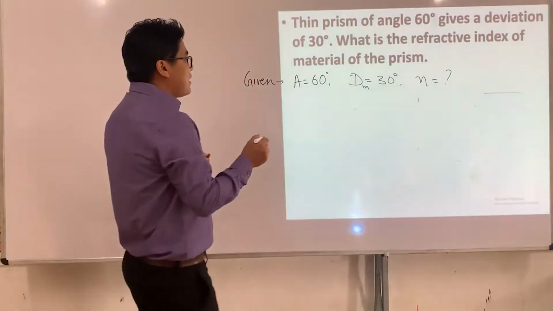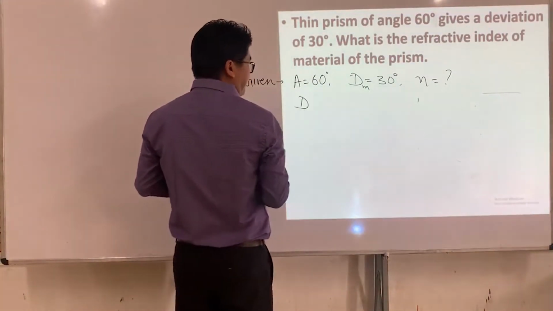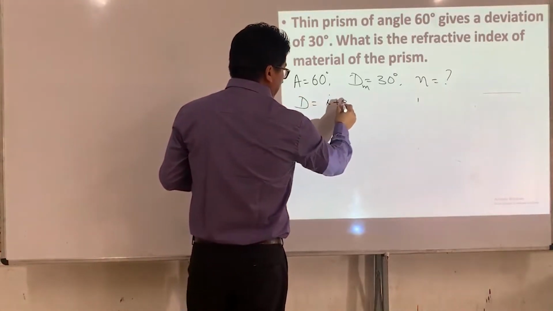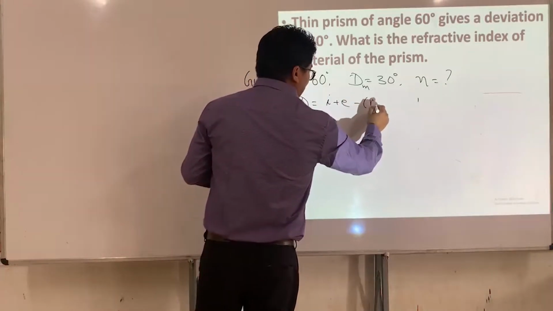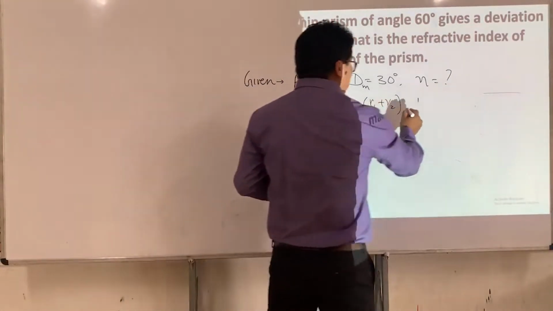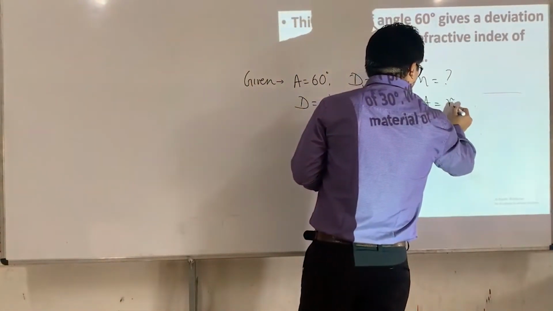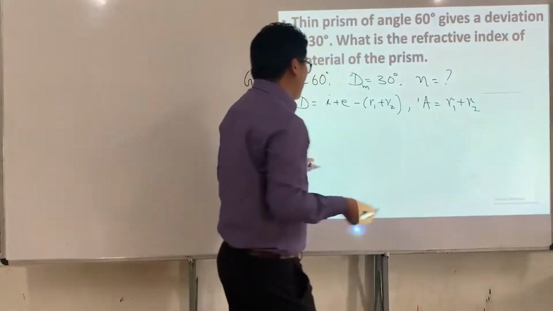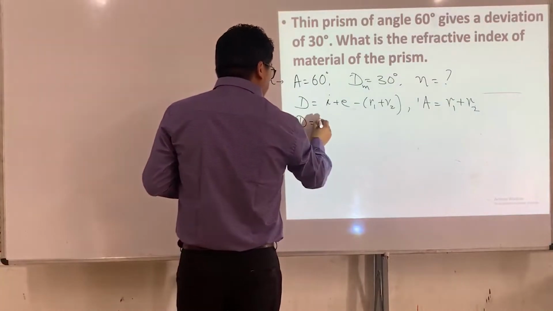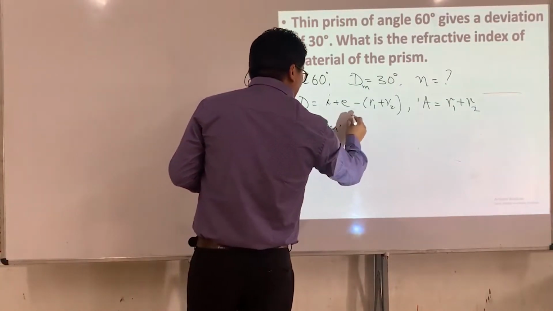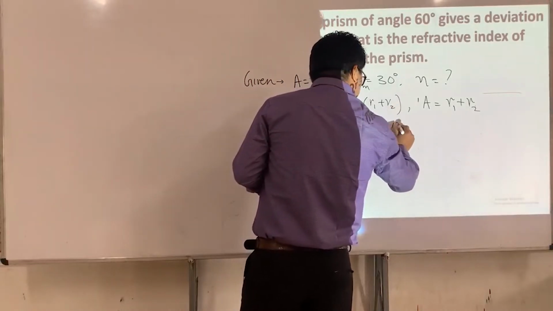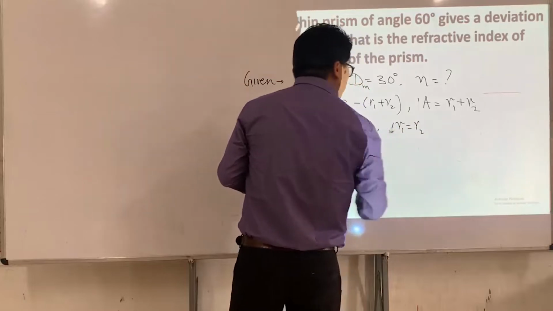So now let us take some condition, right? At minimum deviation, the deviation is equal to I plus E minus R1 plus R2. And we also have derived that A is equal to R1 plus R2. This is what we have done last time. Now if the deviation is equal to the minimum deviation, then I is equal to E, and R1 is equal to R2.